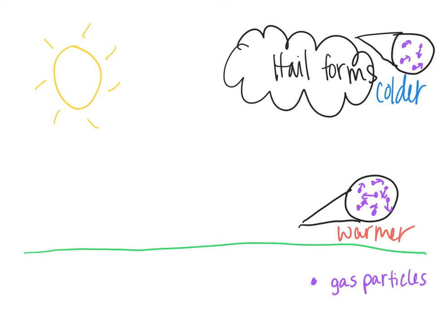Then in lesson 4, we saw that the sun is the energy source, and that energy is coming down to the surface. Some of it is being reflected, and some is being absorbed.